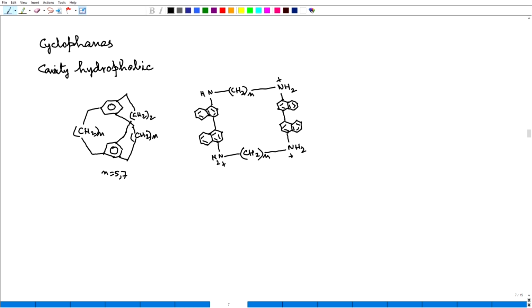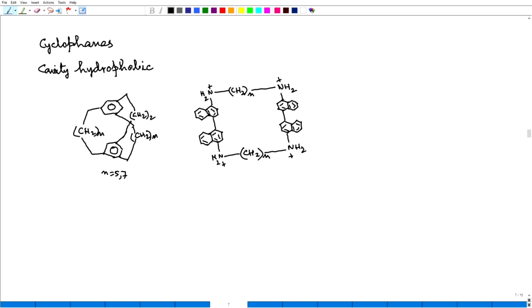In that situation, it will be soluble in water or aqueous solvents. So, in that case, if some non-polar organic compound is dissolved in aqueous solvents, this cyclophane can extract it, depending upon, as I told you, the matching of cavity size and guest size.